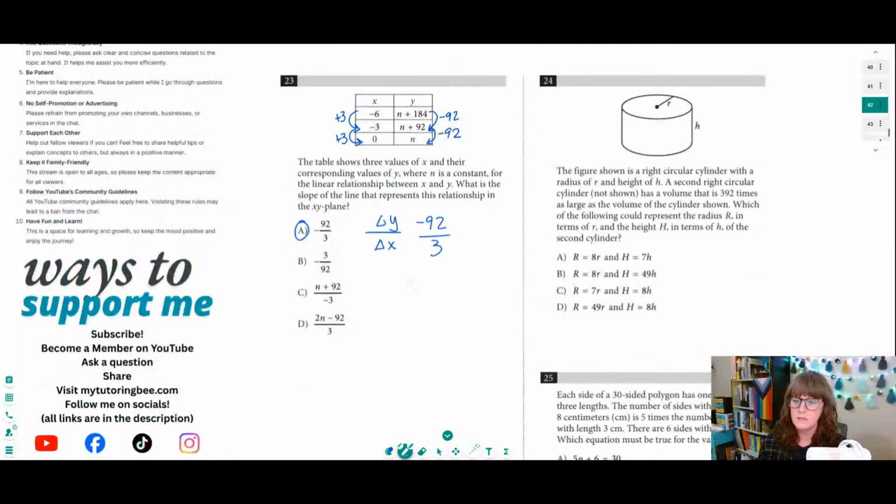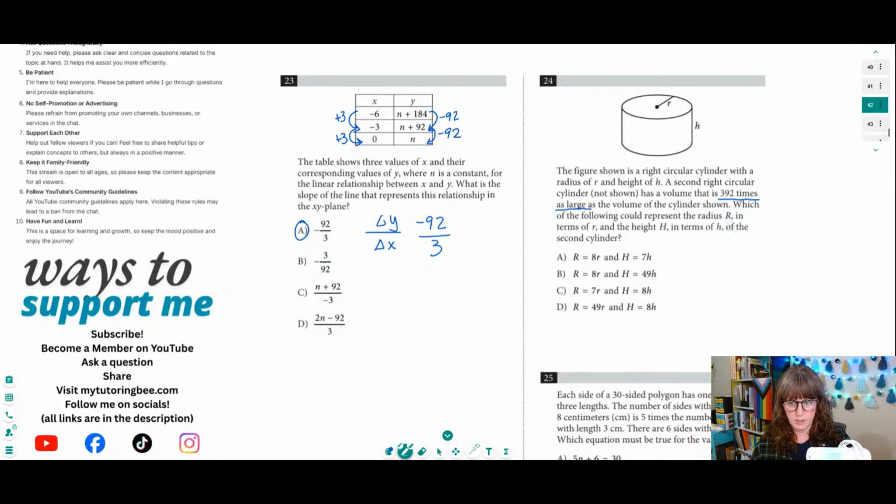All right. Okay. Just over here to this cylinder. The figure shown is a right circular cylinder with a radius of r and a height of h. A second right circular cylinder, not shown, has a volume that is 392 times as large, just underline that, as the volume of the cylinder shown.